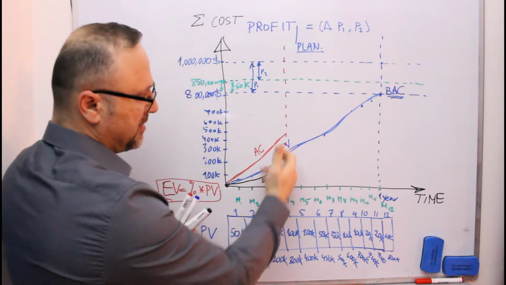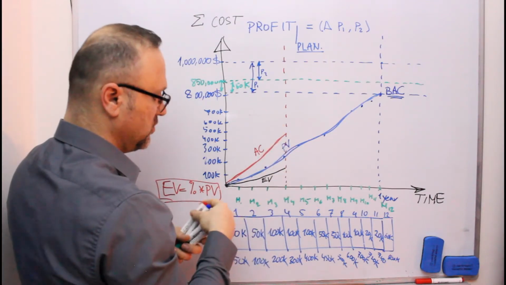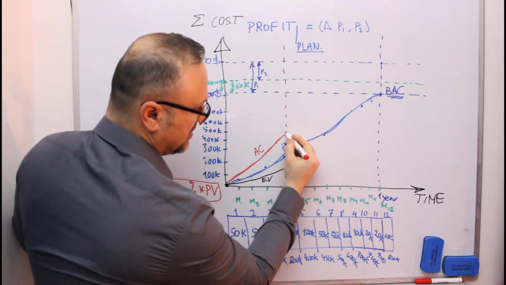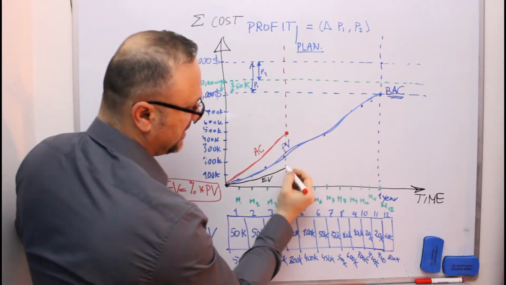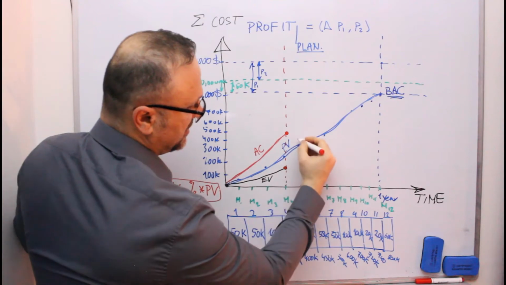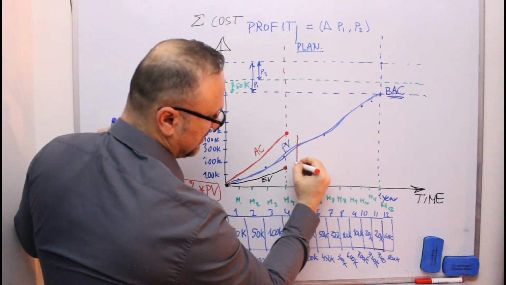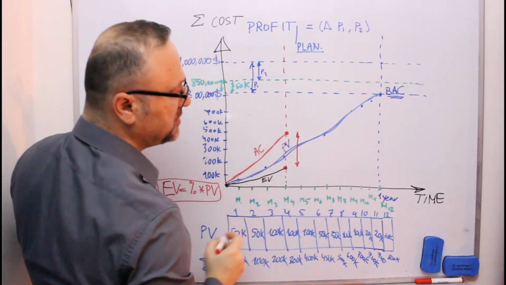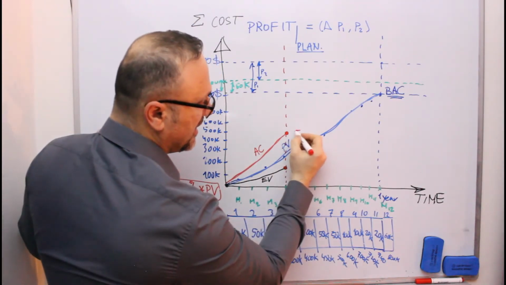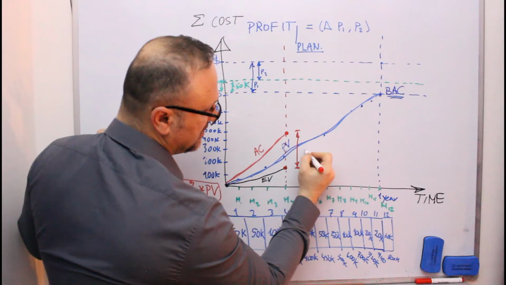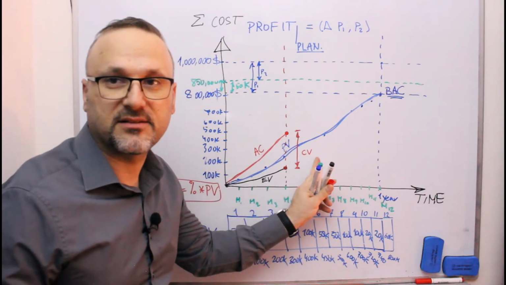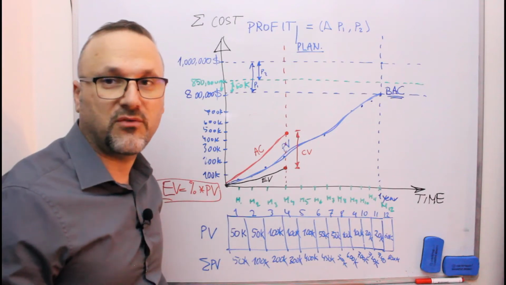Let's talk first about here. Today, we have said that we have the actual cost here and the earned value is here. So the difference, actually, I am losing something, and this difference is called the cost variance. This is the cost variance of the project.